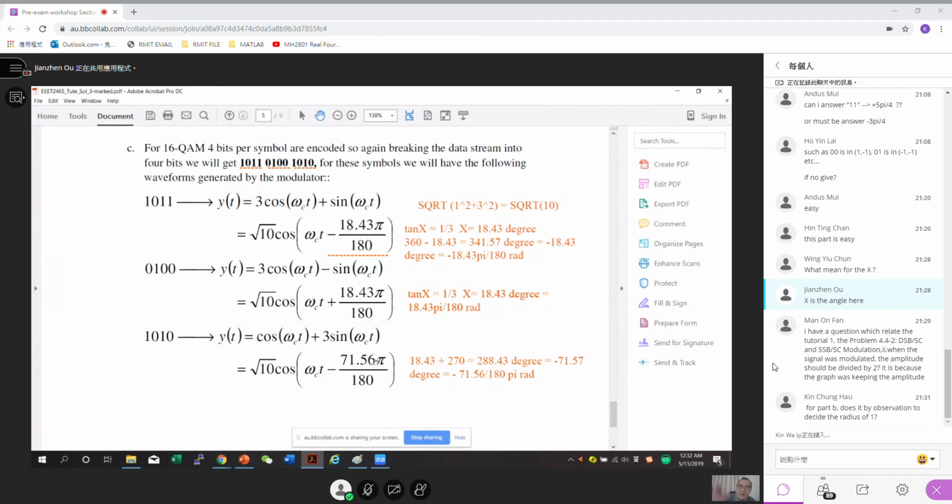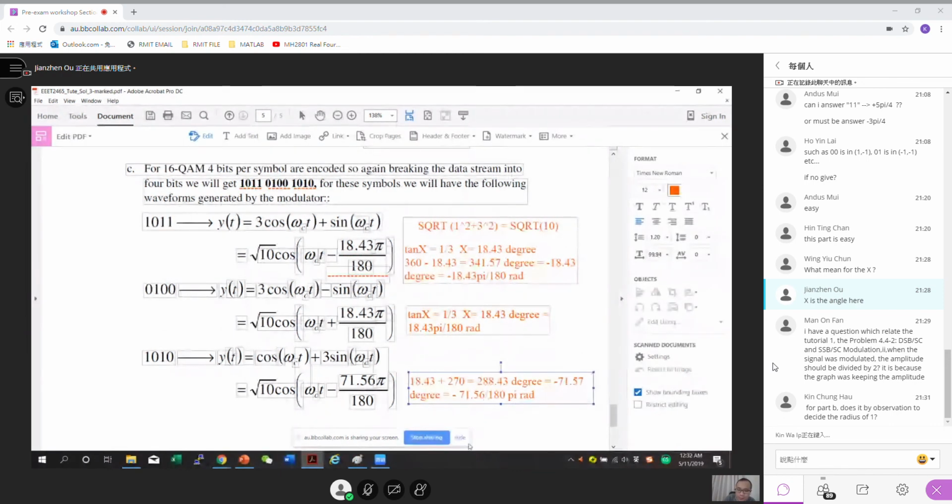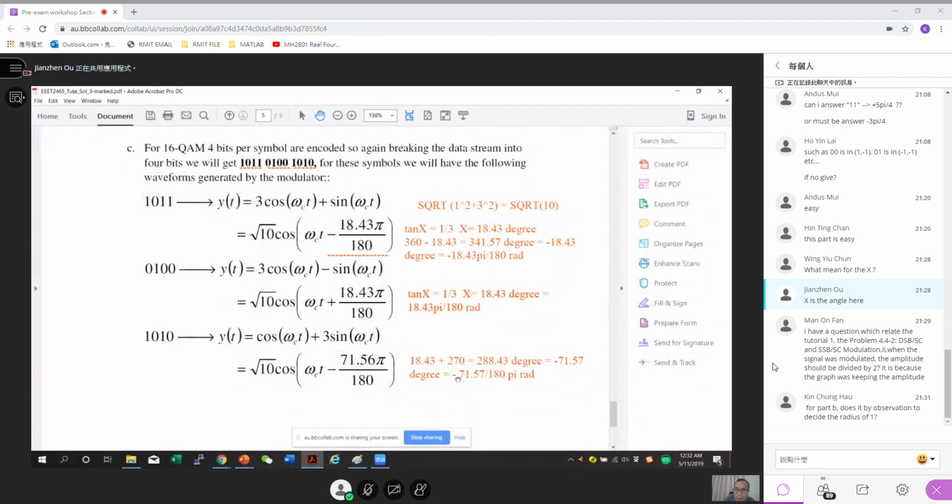71.57. There's some rounding. The dot, how many decimals at the back? So that's equal to minus 7.1 minus 71.57 divided by 180 times pi for the radius scale.